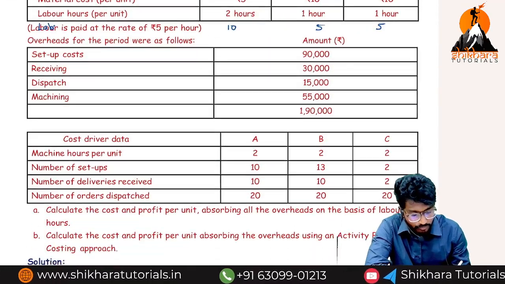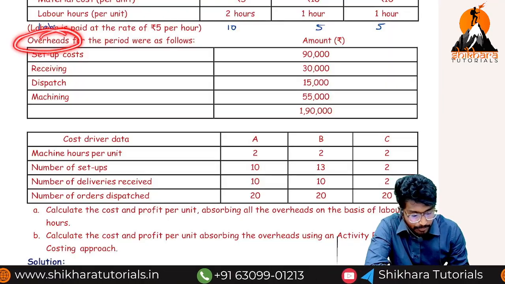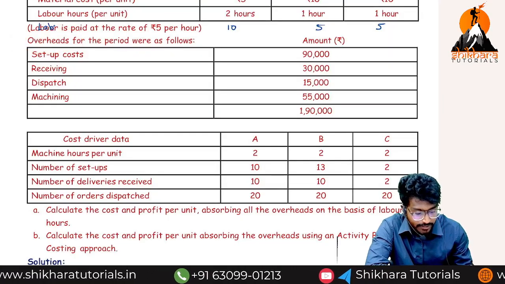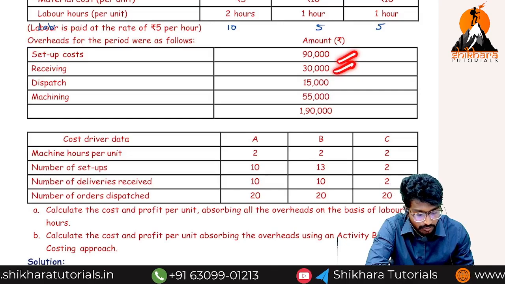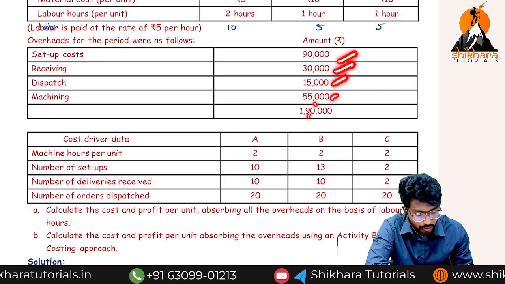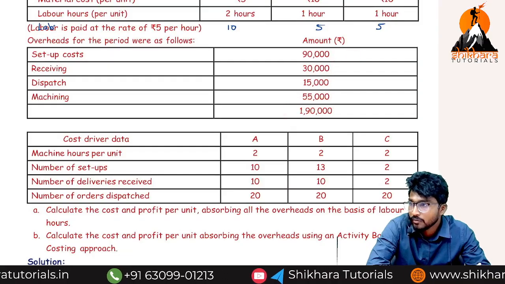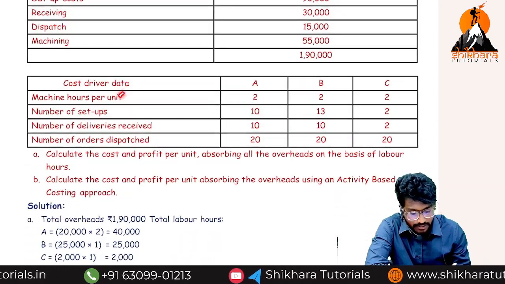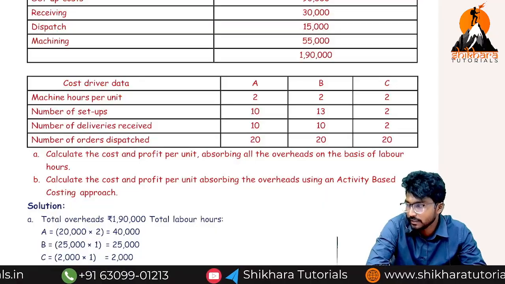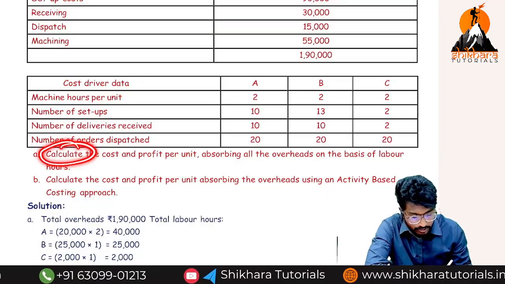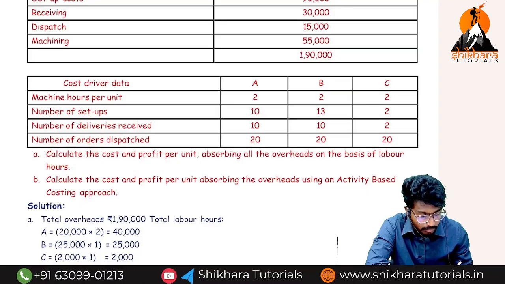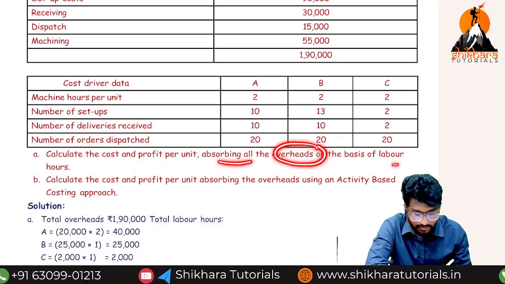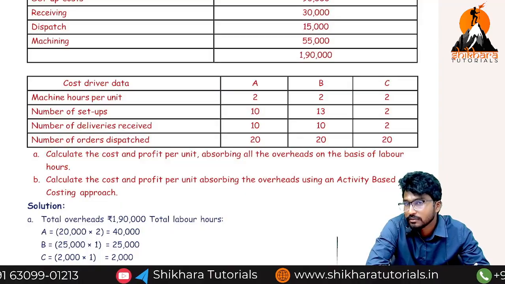Next, overheads for the period were as follows: 90,000, 30,000, 15,000, 55,000. Total overheads is how much? 1,90,000. They have also given the cost drivers data. Calculate the cost and profit per unit, absorbing all overheads on the basis of which hours? Labor hours.